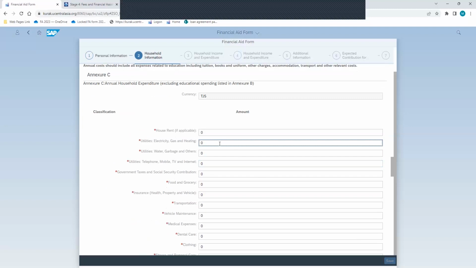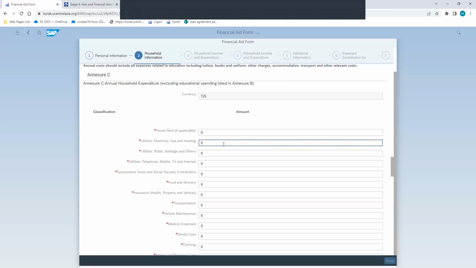For your information, at the end of the session I'll be sharing with you the details of which documents we will need for you to submit along with your application. So utilities, electricity bills and gas or something like that. If you do have that, we will be needing that, and you have to upload it.